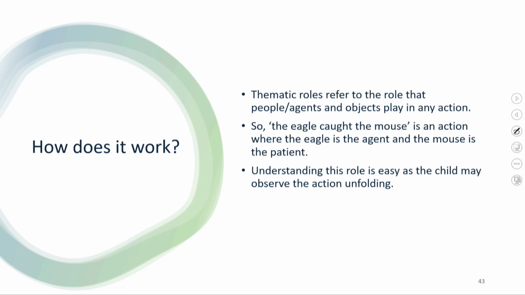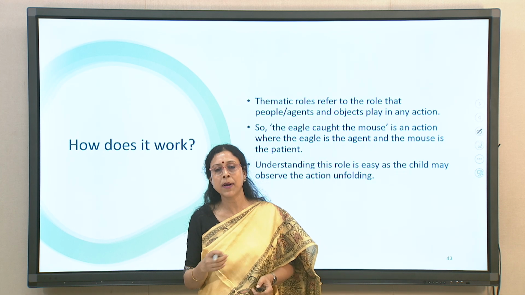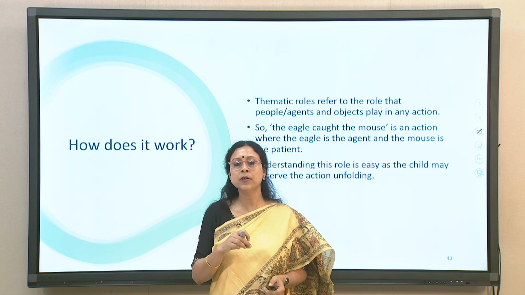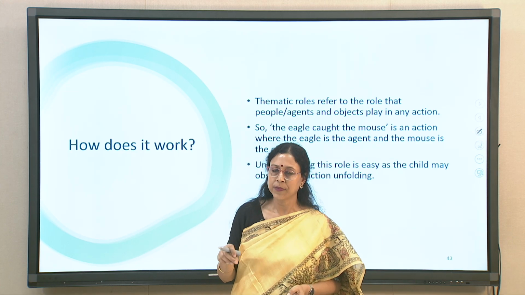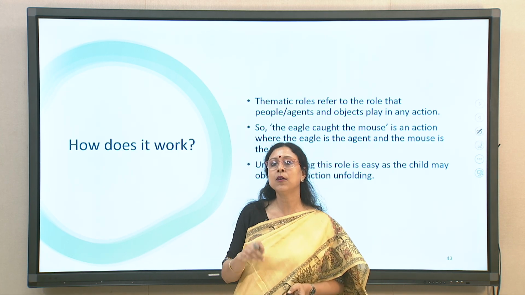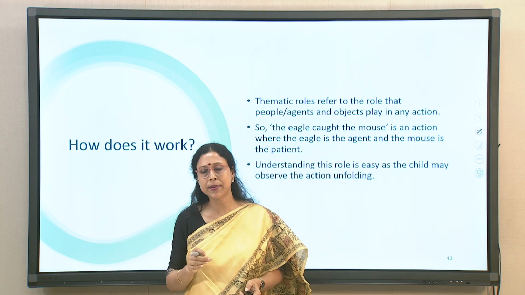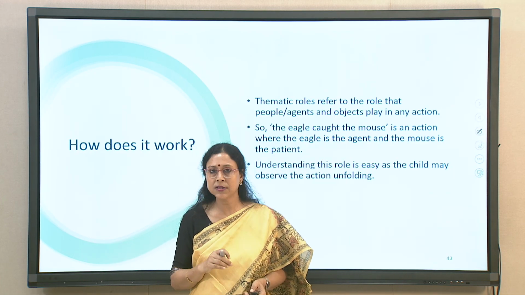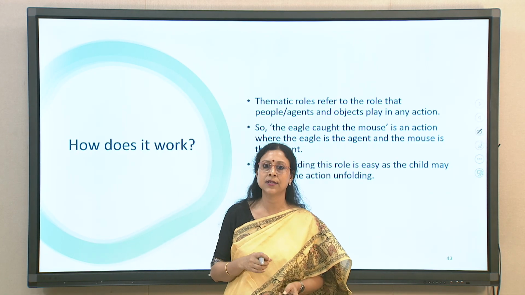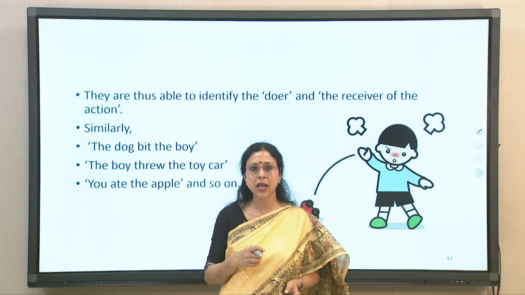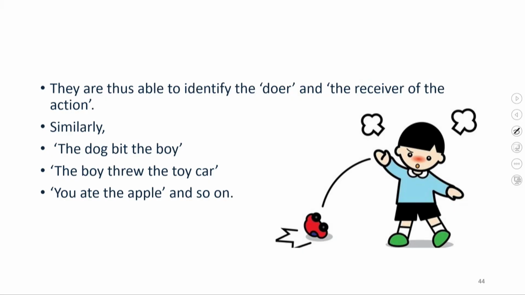So, it is very easy for the child to map the noun and the role. That mapping of the syntactic category onto the thematic role is easy because the action sometimes happens in front of their eyes. They can observe what is happening, and thus they are able to identify the doer and the receiver of the action.